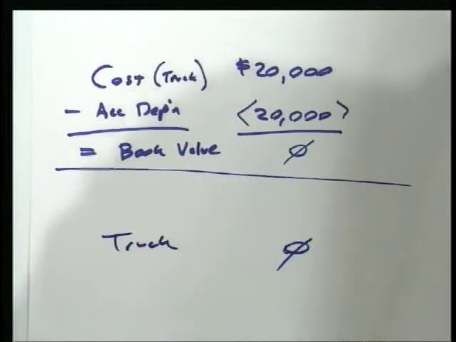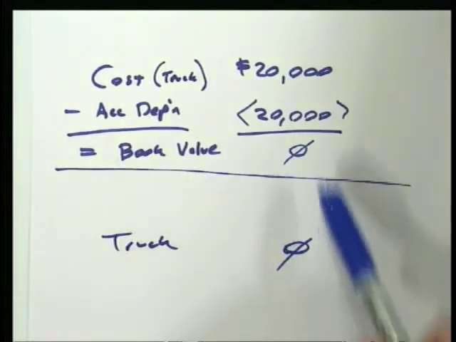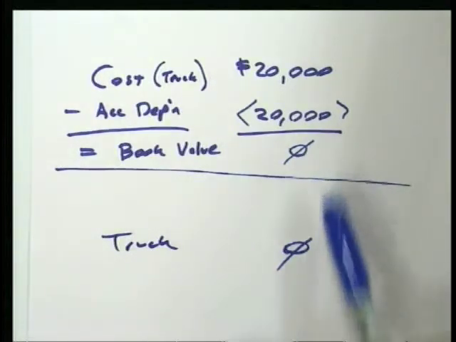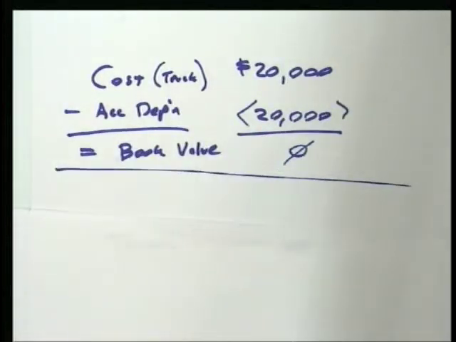Truck, 0, once it's fully depreciated. Now, even though both of these situations have a book value of 0, don't you feel that the first gives the reader more information about that truck than if you just did this? Do you see what I'm saying?